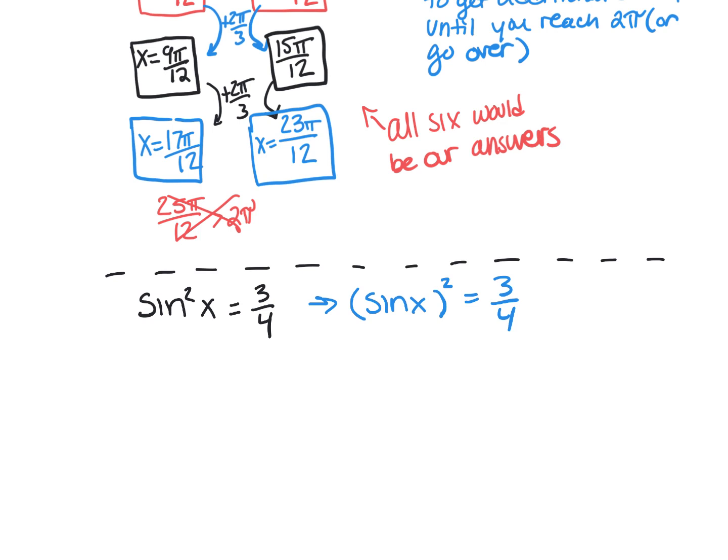To undo the squared, you do a square root, but it has to be plus or minus. Whenever you are adding a square root to a system, it has to be plus or minus. So we'll have plus or minus square root 3 over square root 4, which is 2. You can't forget about the plus or minus.